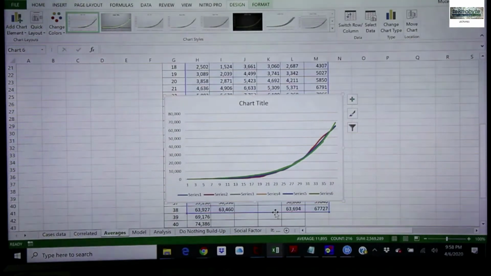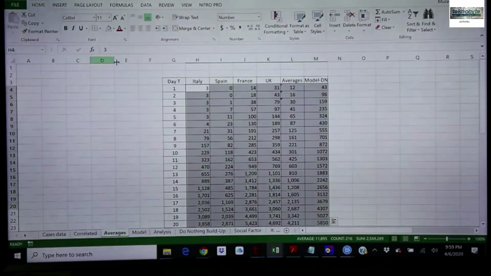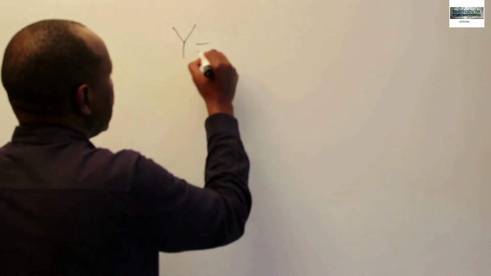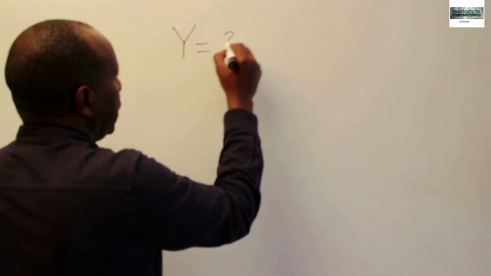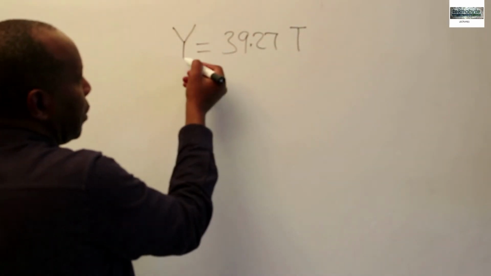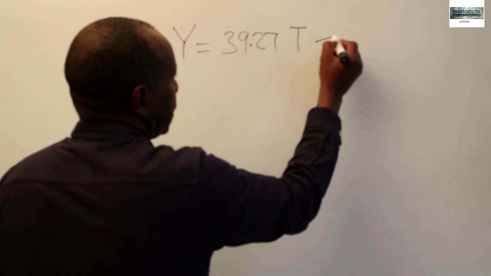So the green now is the do nothing model based on the mathematical function that we have obtained. We have seen that the do nothing projection can be represented by the mathematical function y equals 39.27 t e raised to 0.1004 t. Here y is the number of cases and t is the time in days.